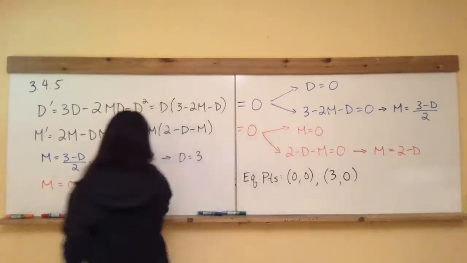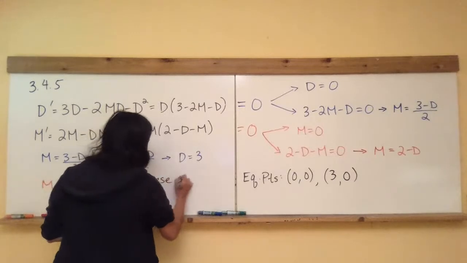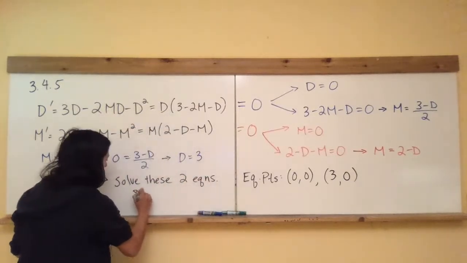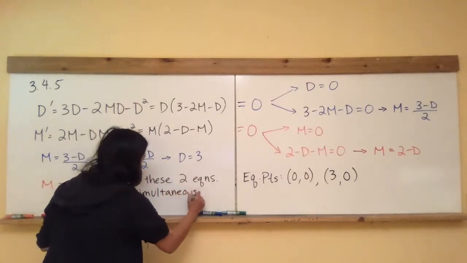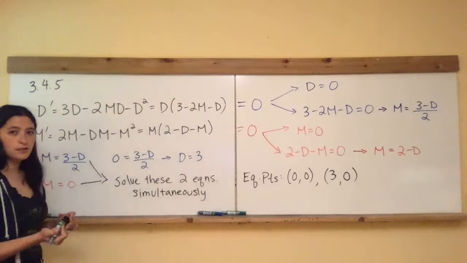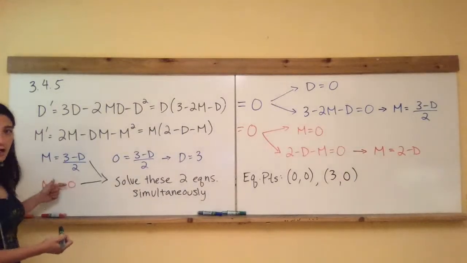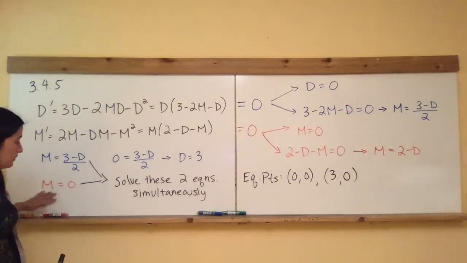We need to solve these two equations simultaneously. Okay, so these two equations have to be true at the same time. One of the statements is really easy, m is equal to 0. That's pretty straightforward, so that one's basically already solved.